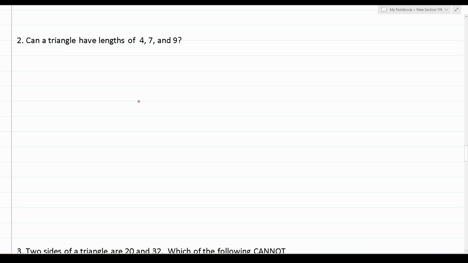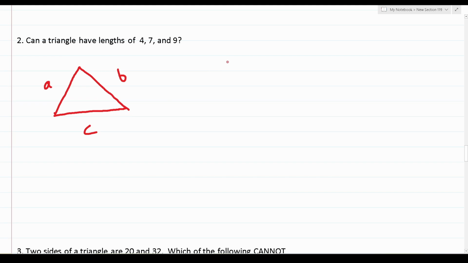Of course, we can use the Triangle Inequality Theorem to determine if it can. So let's quickly draw a triangle here. And it really doesn't matter what it looks like in this case, as long as we say that this side's A, this side's B, and this side's C. According to the Triangle Inequality Theorem, the sum of two sides of a triangle has to be greater than the third side of a triangle.